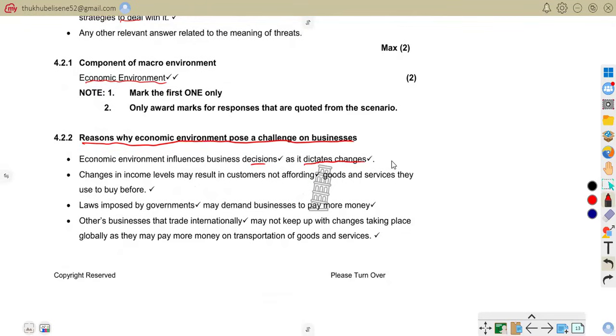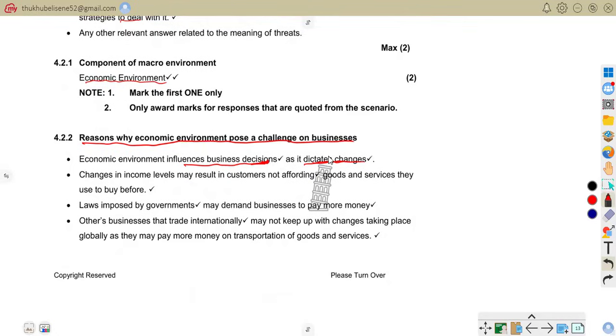Businesses must adjust prices and strategies due to economic changes.